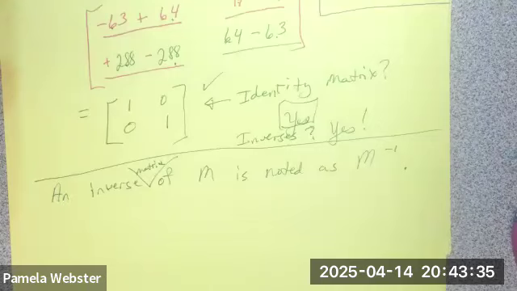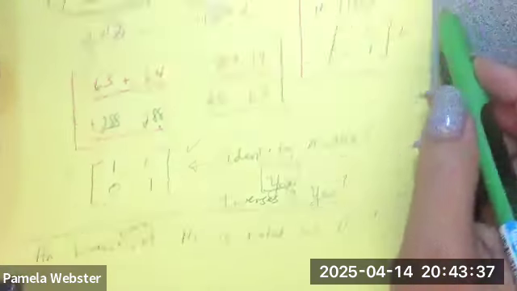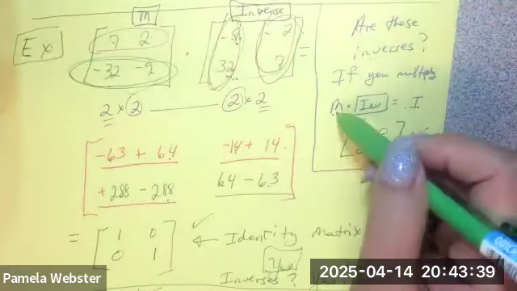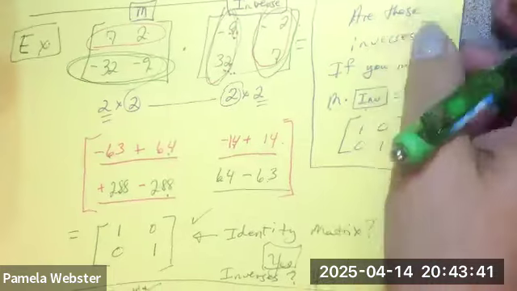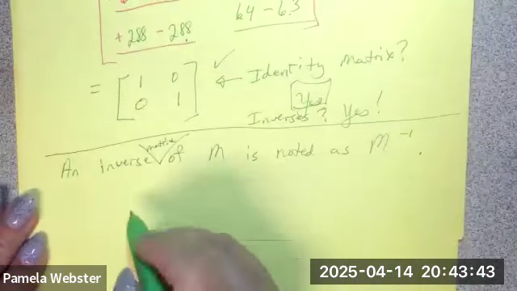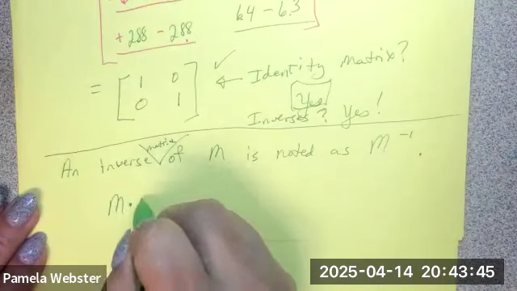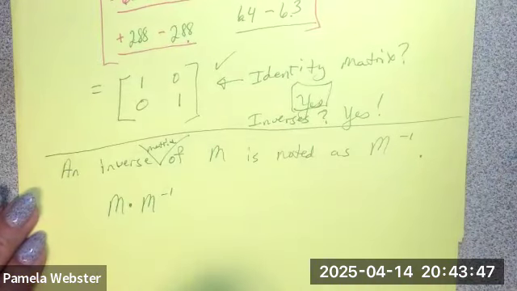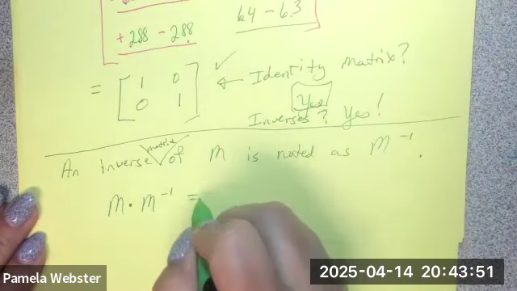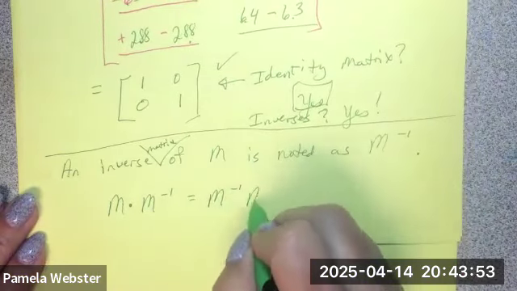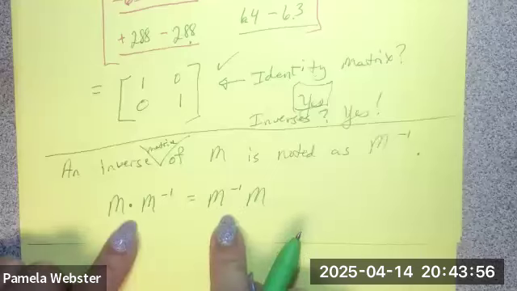So whenever I multiply these together, I get back an identity. The math looks like M times M inverse, or we could switch the order, M inverse times M. I can only do this because they are square matrices.